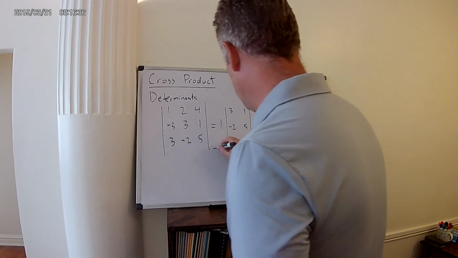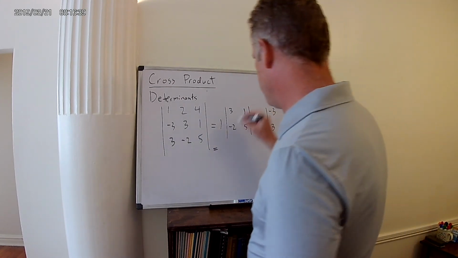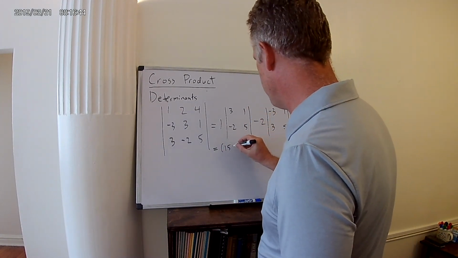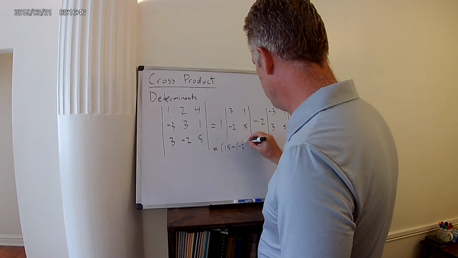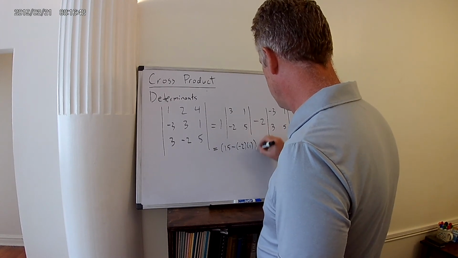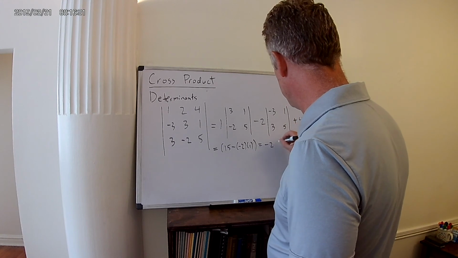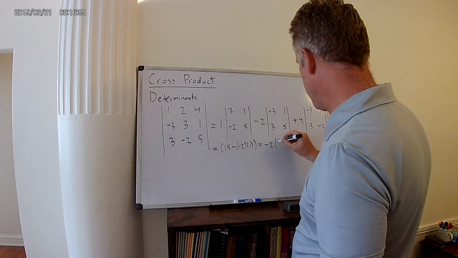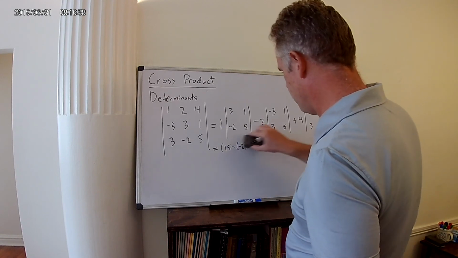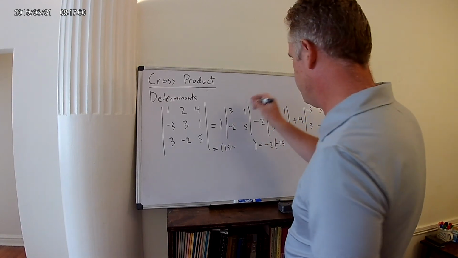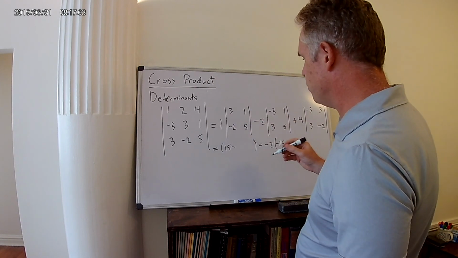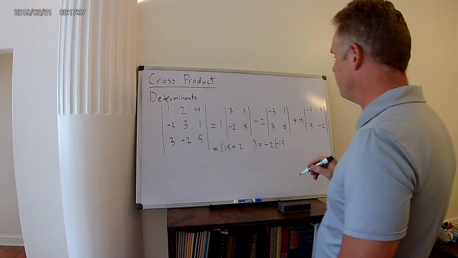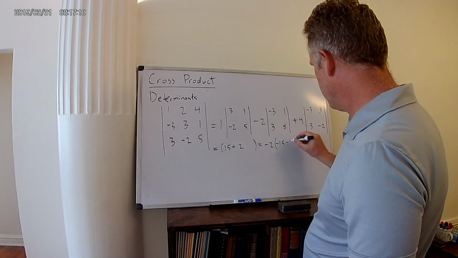Okay. And then we can multiply these out, and this gives us 15 minus 2 times 1. The second one comes out to minus 2 times minus 3 times 5, which is minus 15. I'm just going to make this shorthand here. This is minus 2 times 1, which is minus 2, but now we subtract that off, so we get a plus 2. This is minus 15, minus 3, okay?